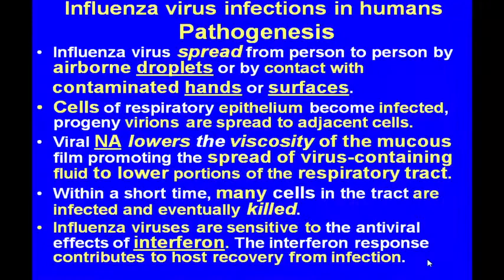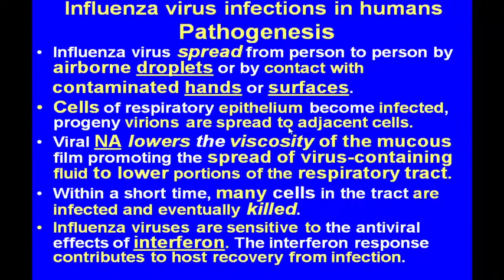Now a few words on the pathogenesis of the disease. I think you know it not so badly, right? It is spread by droplets and also by contact with contaminated hands and surfaces, just like corona. But corona is not destroyed in the GIT, while influenza virus, we think, is destroyed in the GIT.